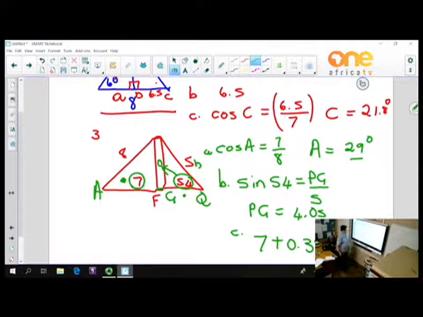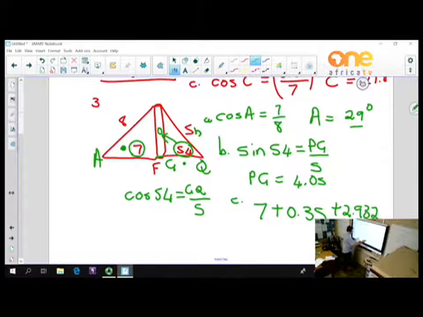How will we do that? Cosine, it's the included angle here. So cosine 54 is equal to GQ over 5. Which method? Top times, and I got 2.932. If we add everything, my final answer is 10.3.